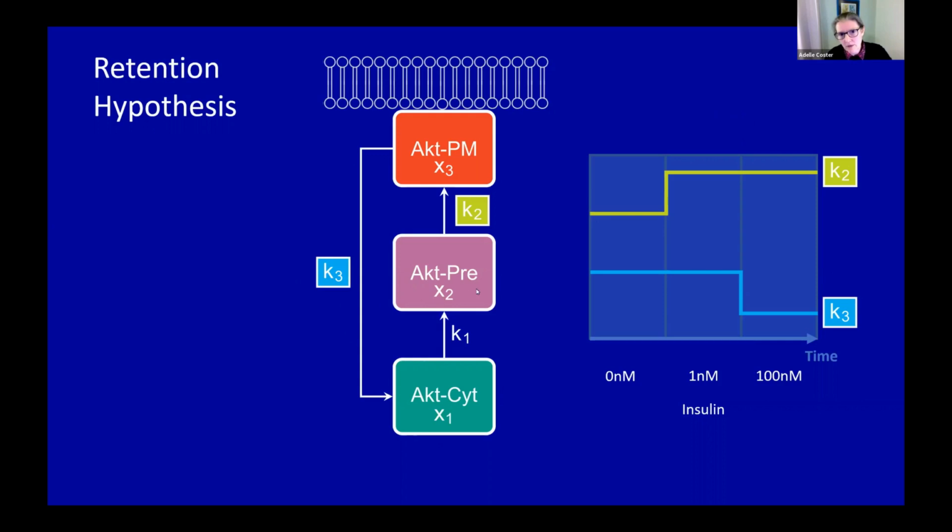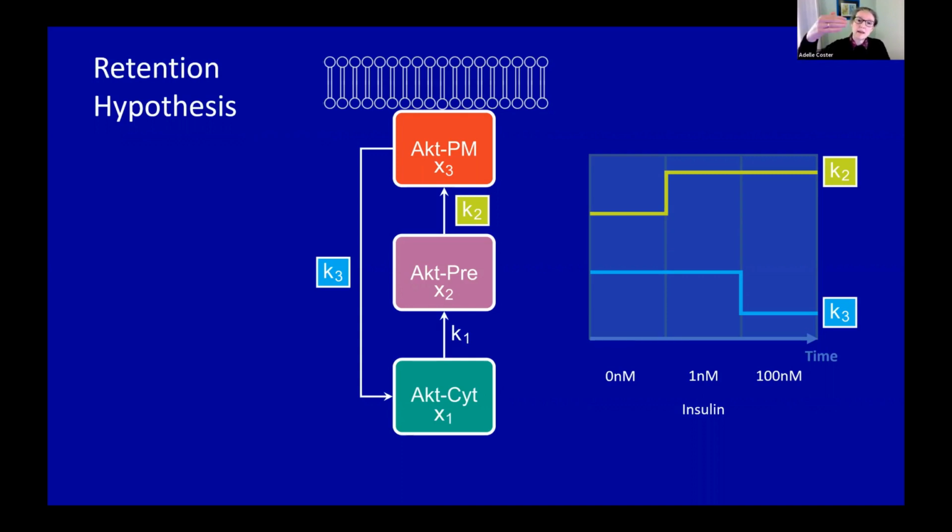So if we allow this return to change at high insulin levels, then we can change the balance of the inflow and the outflow, because the amount here is going to be the balance of what comes in and what goes out. So our retention hypothesis allows K2, the release from the prime pool, to be instigated by insulin.